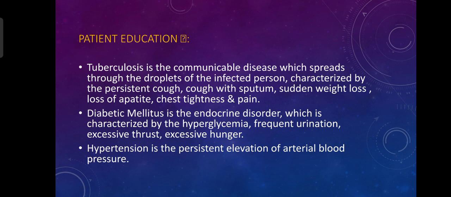Diabetes mellitus, as you know that the patient is already suffering from diabetes and blood pressure, hypertension. So diabetes mellitus is an endocrine disorder which is characterized by hyperglycemia, frequent urination, excessive thirst, excessive hunger, and then the other is hypertension, persisting elevation of arterial blood pressure. So these are the education or knowledge which a pharmacist must guide their patient.